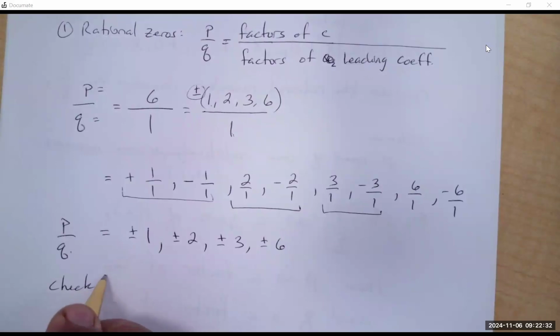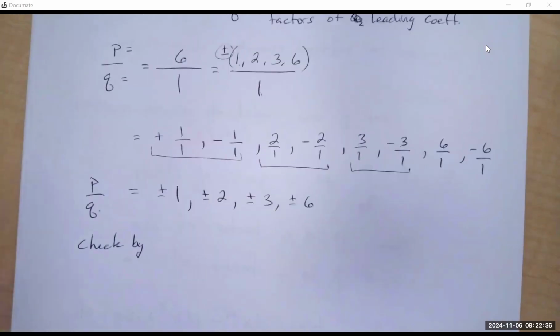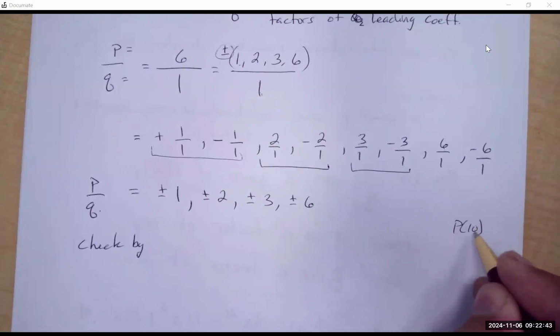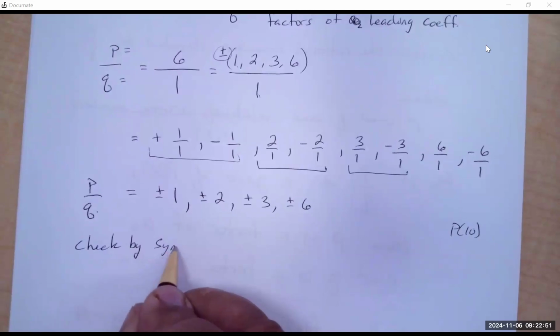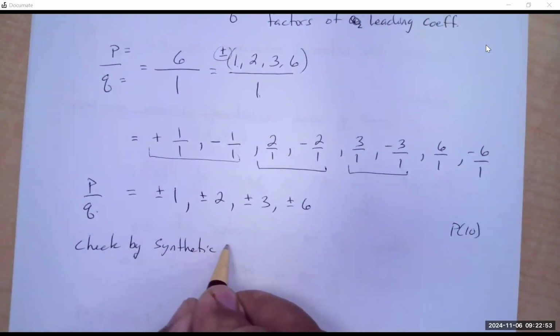By plugging them in lieu of X. You could plug that, but that's the harder way. Remember, last time I gave you an equation, P of 10? We could plug it in the equation, or we can use something else. We can use synthetic division.